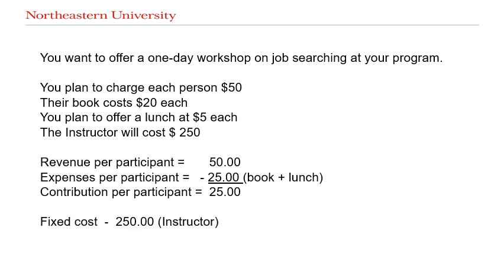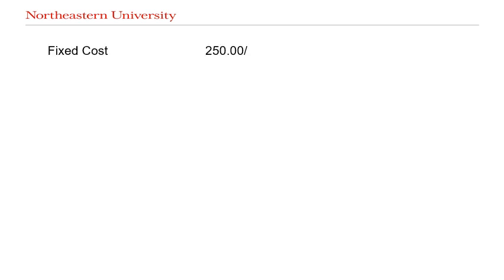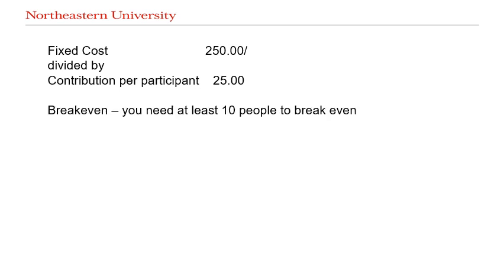Your fixed costs in this case is just the instructor at $250. You take the fixed costs of $250 divided by the contribution per participant of $25, and the answer is your break-even point, 10.